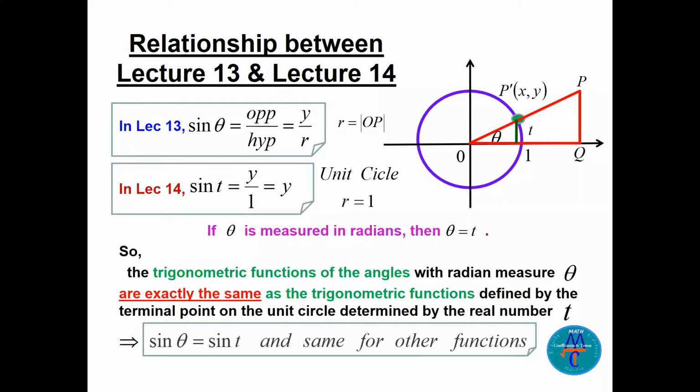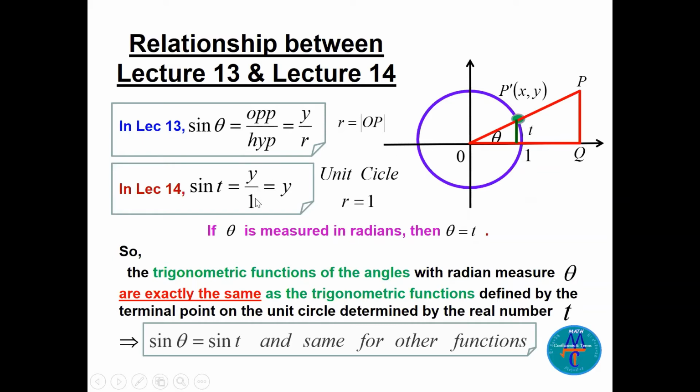Now in this slide, we see the relationship between lecture 13 and lecture 14. In lecture 13, we had a right triangle. So we defined sine theta as opposite over hypotenuse, so y over r. Now in this lecture 14, we have sine t in the unit circle and r is 1.